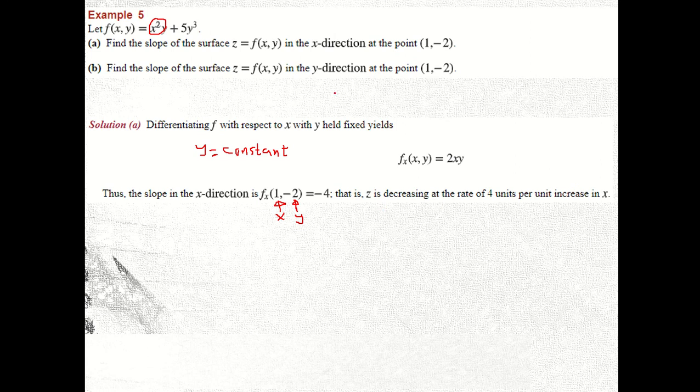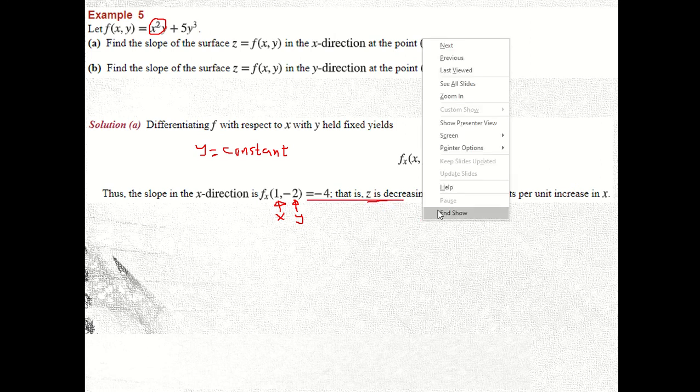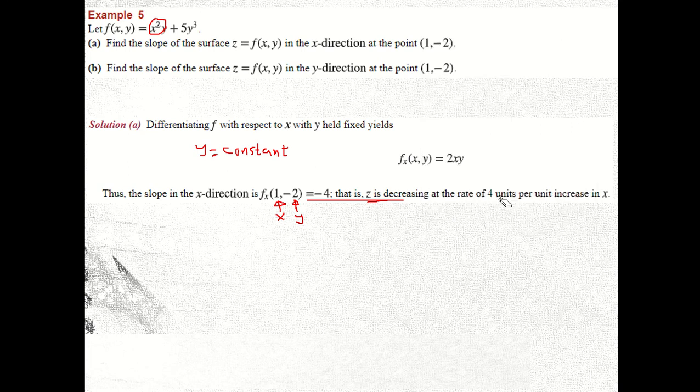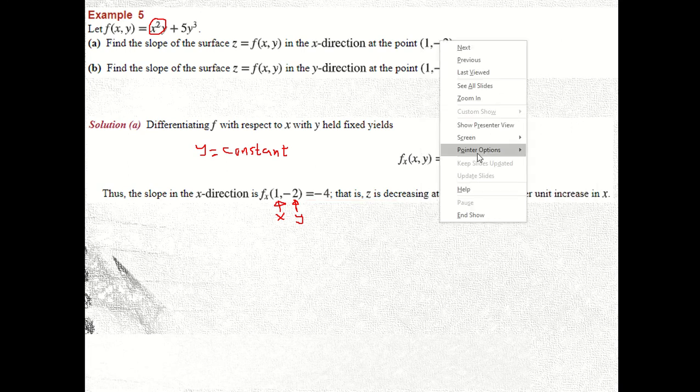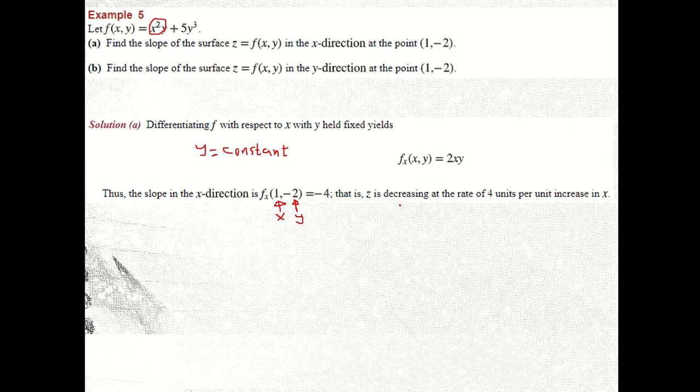This is the conclusion, class: z is decreasing at the rate of 4 units per unit increase in x. So that's our conclusion.